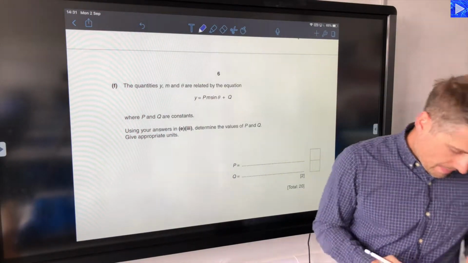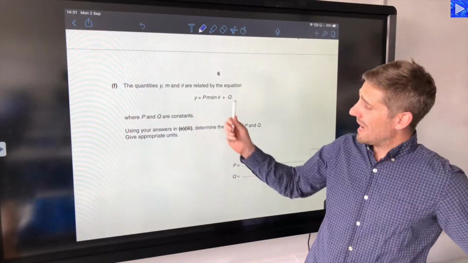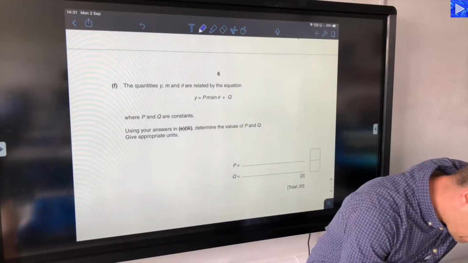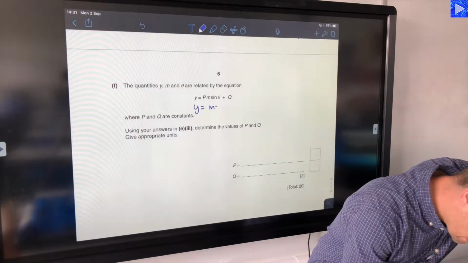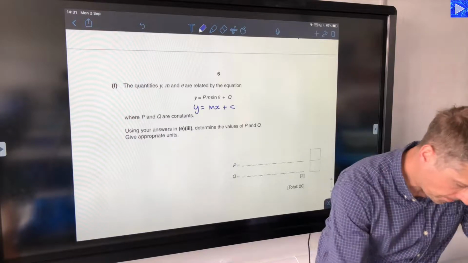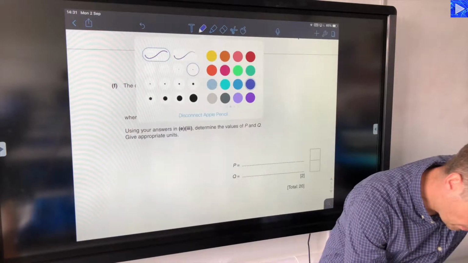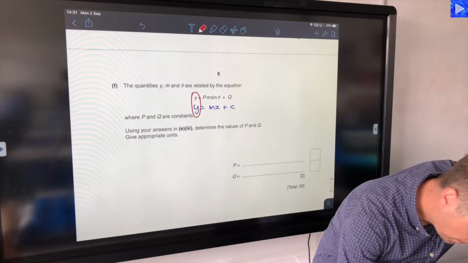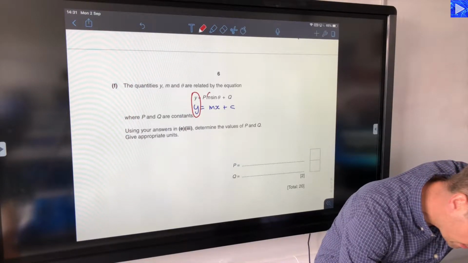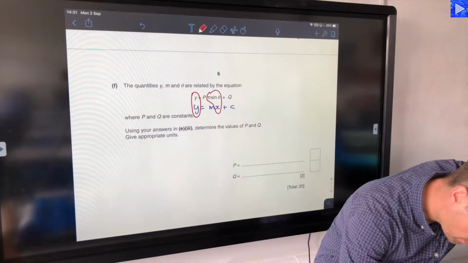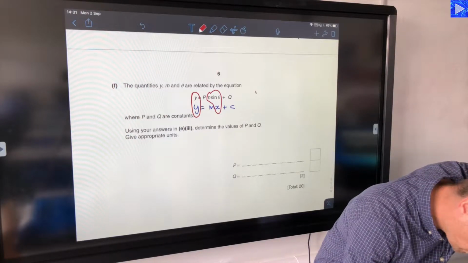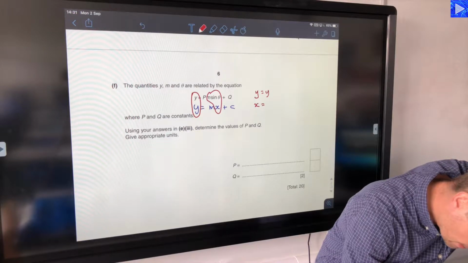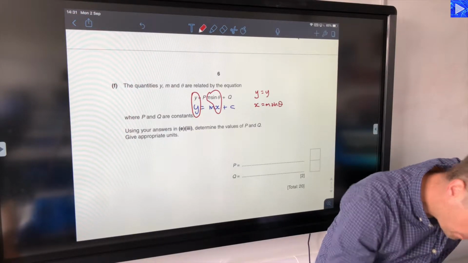Now in order to calculate the values, I need to compare that to y equals mx plus c. On the y-axis I plotted y. On the x-axis I plotted m sine theta. So y equals y, x equals m sine theta.